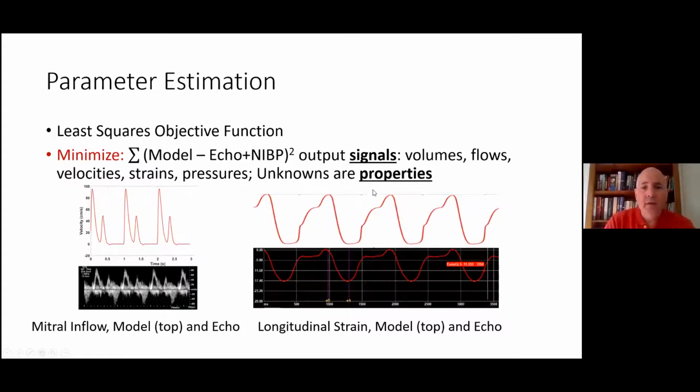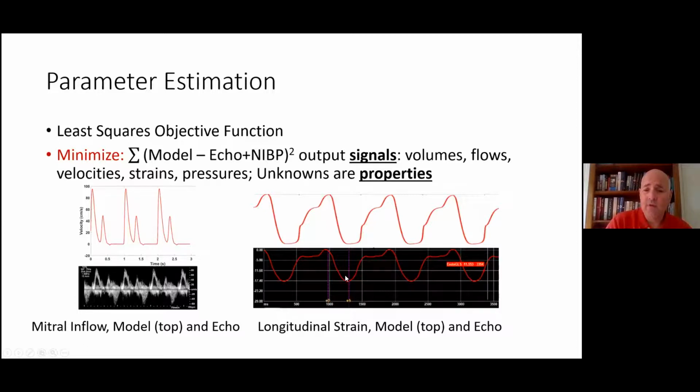So the point then is that in these patients, we're going to have echo signals, which would be volumes, flows, velocities, strains, etc., represented here. So this would be the volume, this would be the flow across the mitral valve by echo, and here in the model.